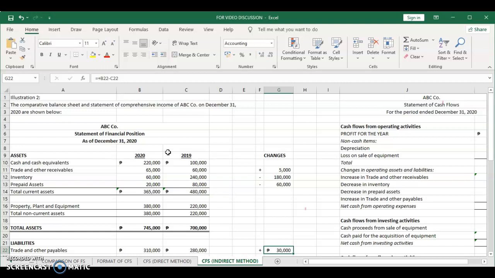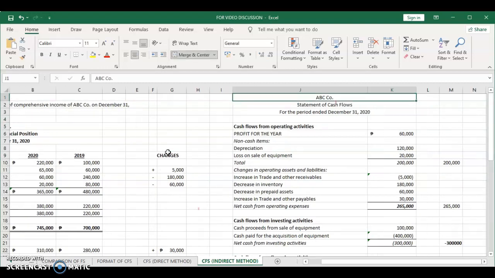So as you can see here, there is a change of positive 30,000 kasi 280,000 nung nakaraan, ngayon 310 na lang siya. Okay, so that's it. So after we have already the changes, we will now proceed to preparing of the statement of cash flow.